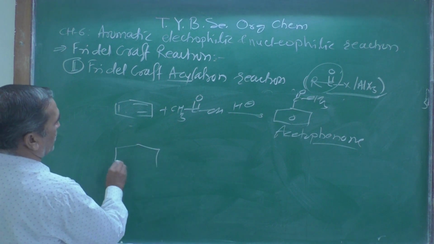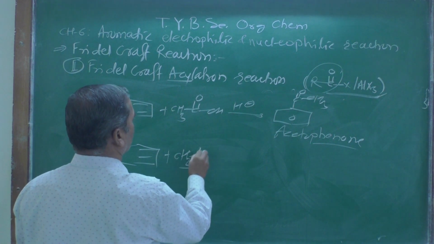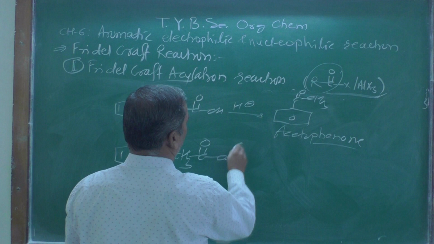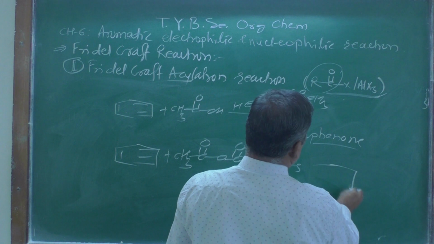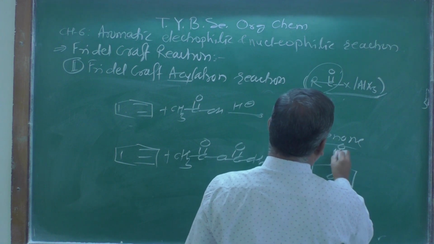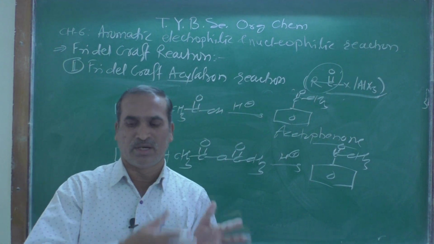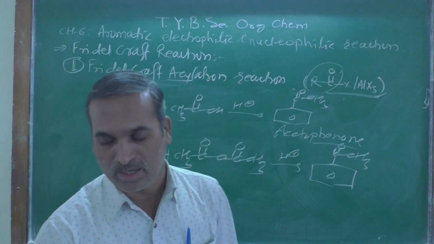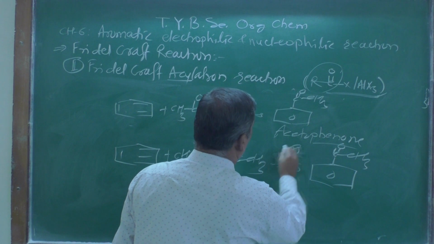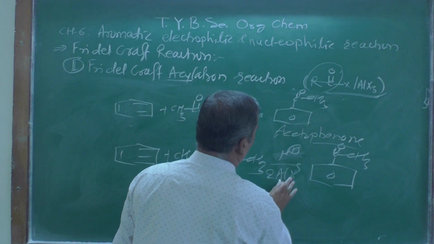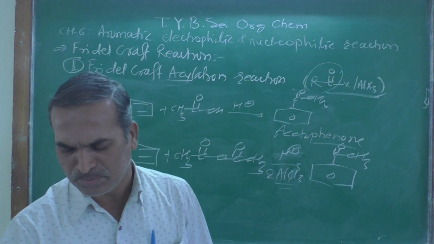Or you have a starting compound again as benzene, that will be treated with acetic anhydride, CH3, C double bond O, then C double bond O, CH3 in presence of H plus acidic medium, you can introduce the C double bond O and CH3 group, acetophenone. So by using different starting materials and reagents, here you can use H plus, or you can use AlCl3, a Lewis acid, so that you will get that type of compound over there.